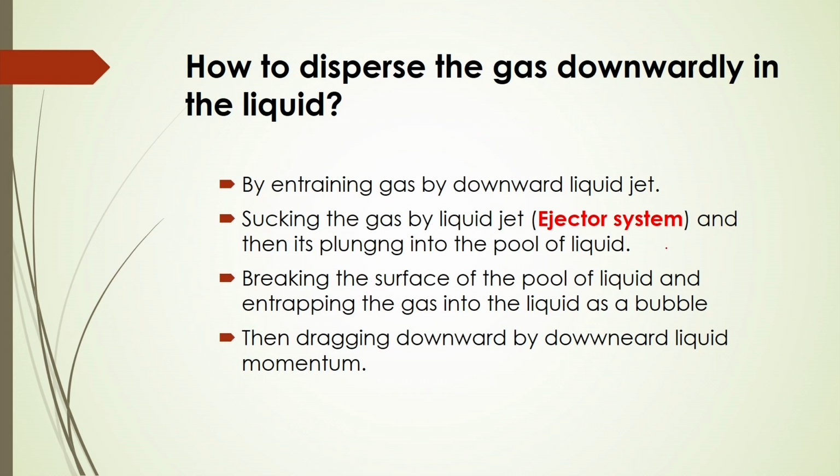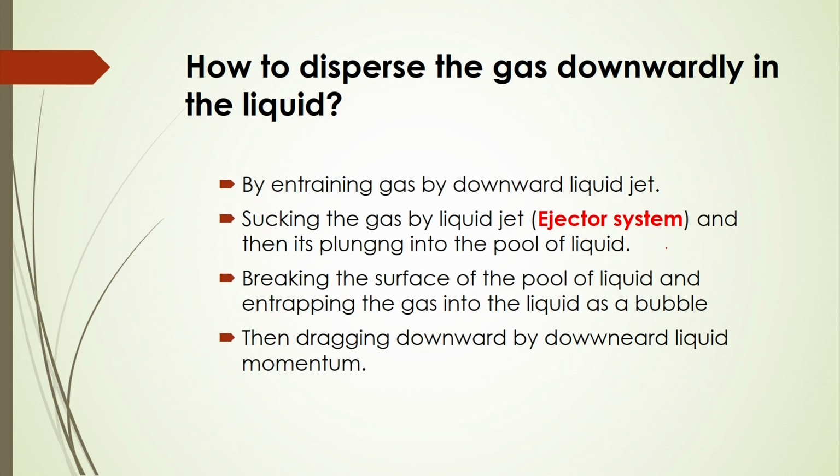In this case, the sucking of the gas by the liquid jet happens through the ejector system, and then it plunges into the pool of the liquid. After that, whenever the liquid jet plunges into the pool, it will break the bubbles into finer bubbles after entraining them, due to the high turbulence and also high mixing there.